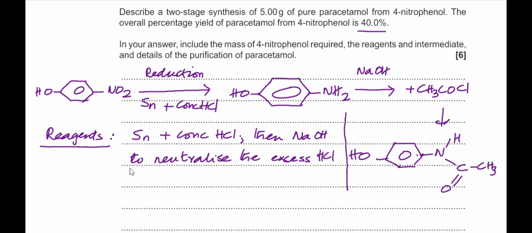Okay, so that's the reagent. Then we also need to name the intermediate. The name of this intermediate is 1, 2, 3, 4, that is 4-aminophenol.